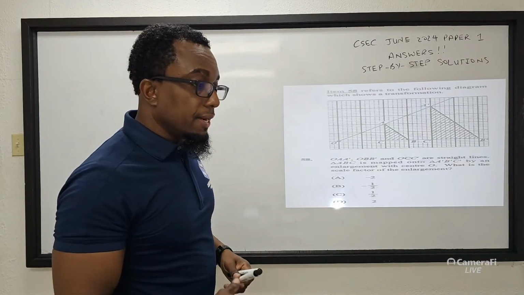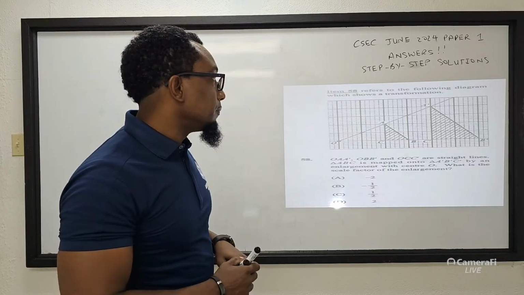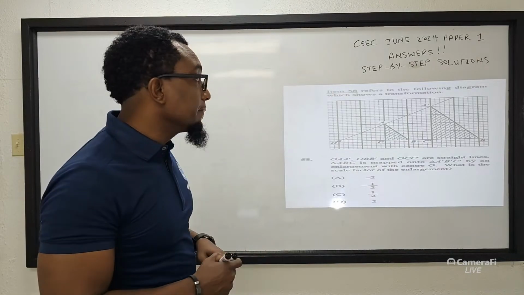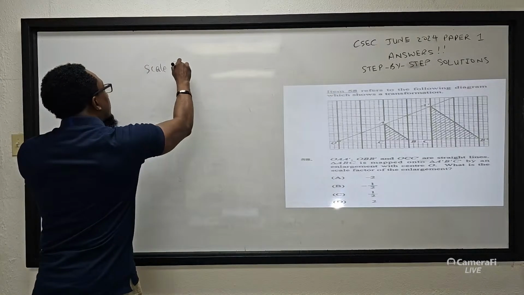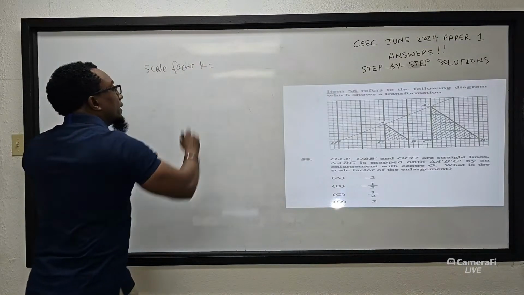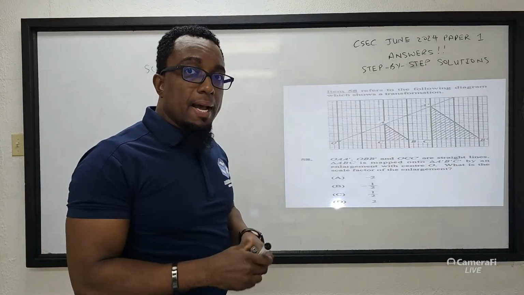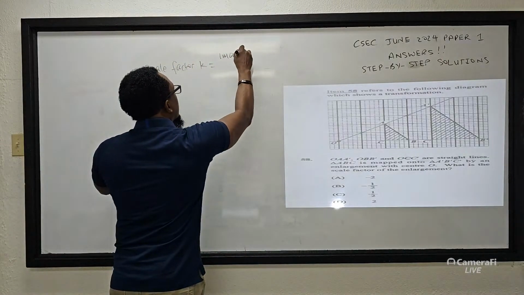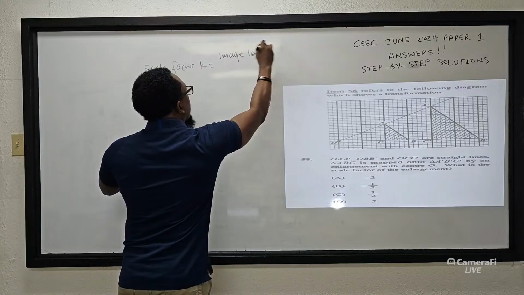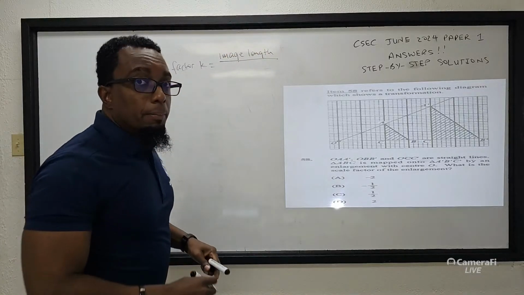So in order for an enlargement to occur, you need a scale factor, right? And the scale factor K is always denoted by image length over the object length.